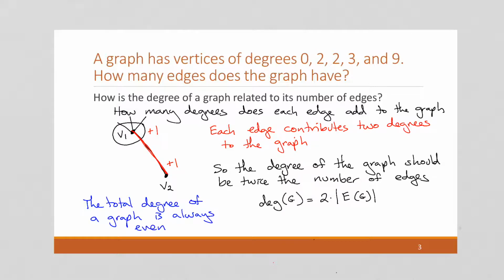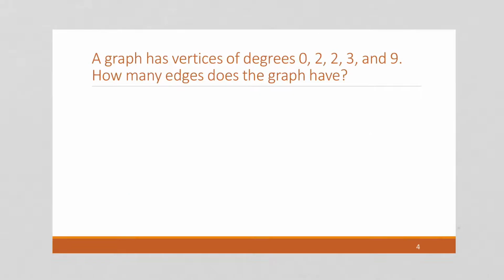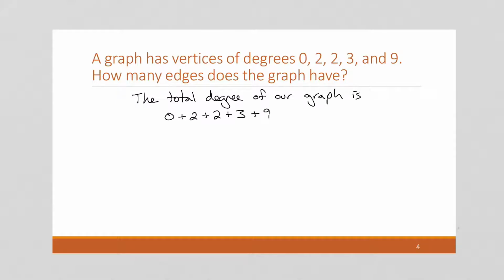Okay, so looking at our problem, the total degree of our graph, which we don't know what the graph is, but we're given in the problem, is 0 plus 2 plus 2 plus 3 plus 9, and that is going to equal 16.